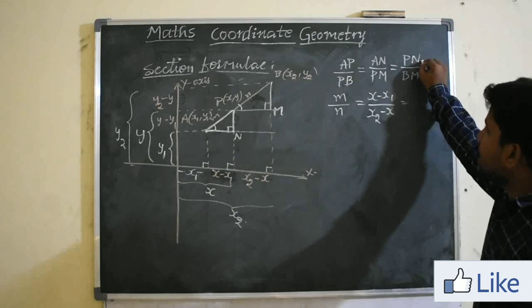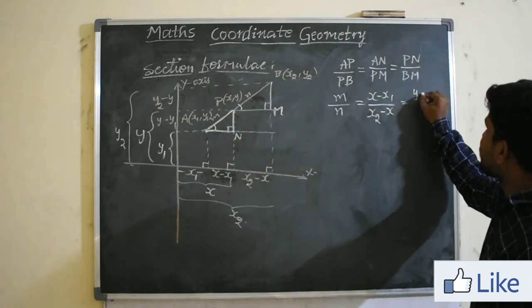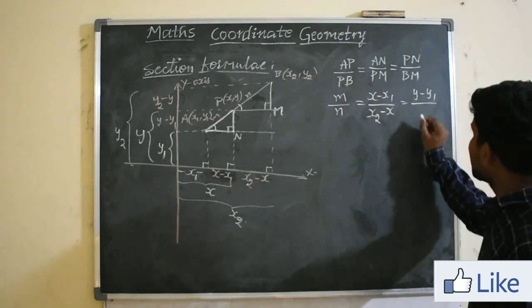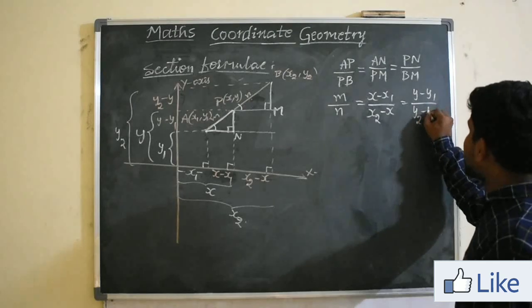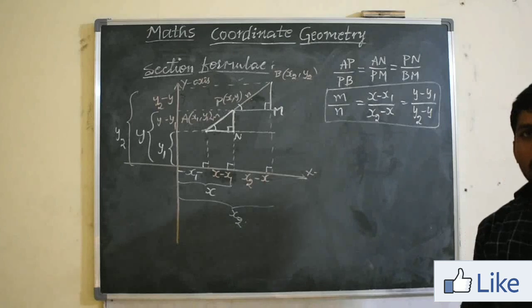Now in the same way, PN is y minus y1 and PM is y2 minus y. We got the ratios. We got all three ratios.